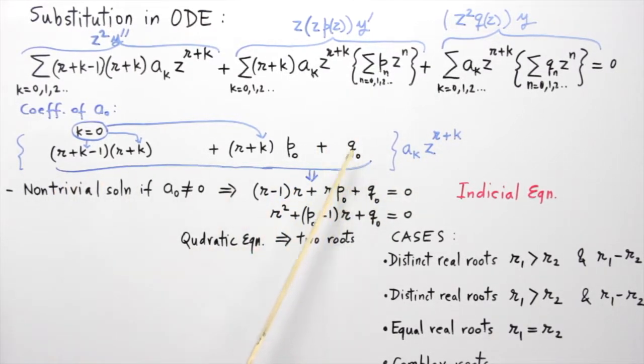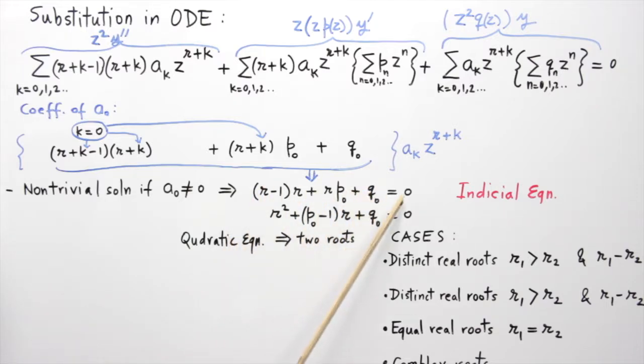And we want that to give a non-trivial solution, meaning this coefficient a sub 0, we don't want that to be 0, and therefore this quantity in the curly bracket must be equal to 0. So if we collect these terms, the coefficient in front is r minus 1 from here, and k is equal to 0 here, so that's just r, times r minus 1, and here k is 0, so it's r times p0, and q0 is simply q0.